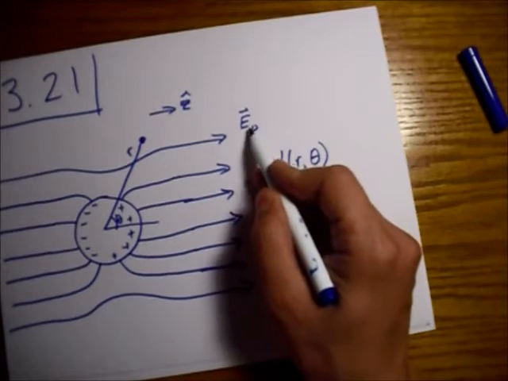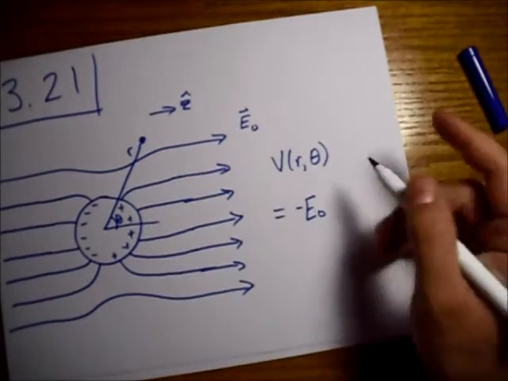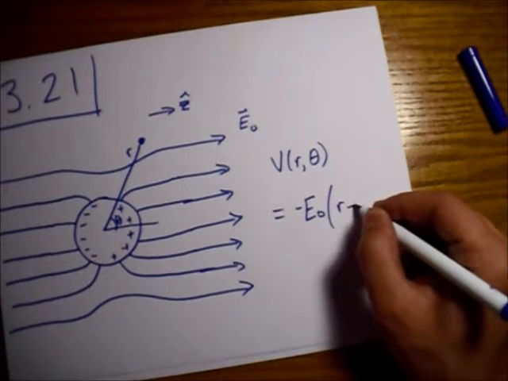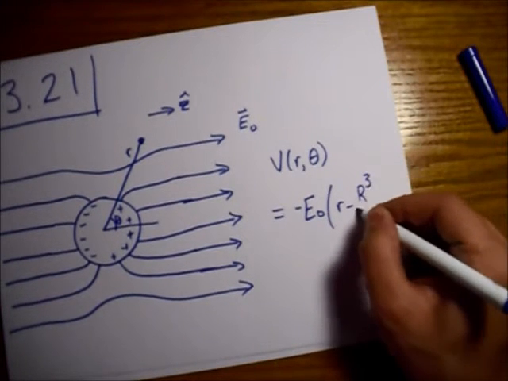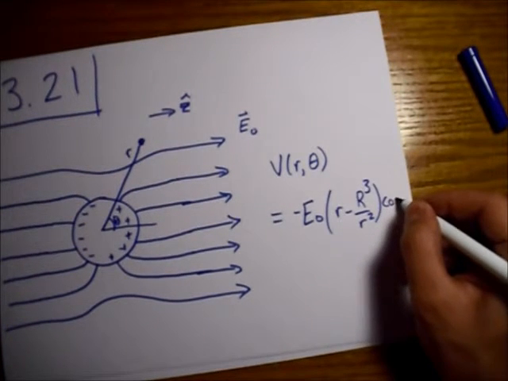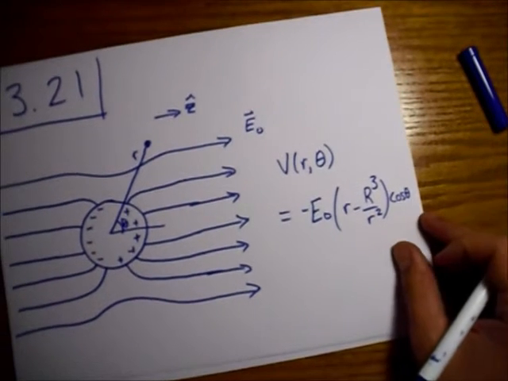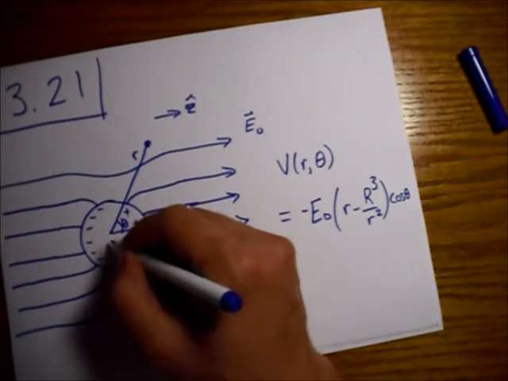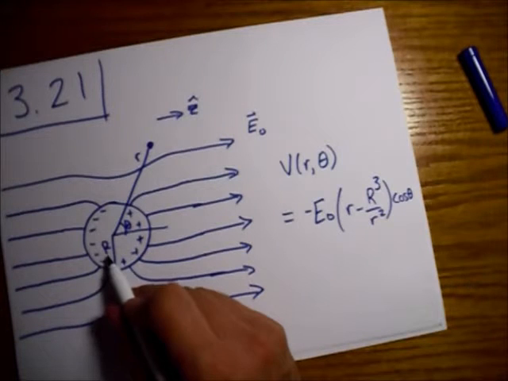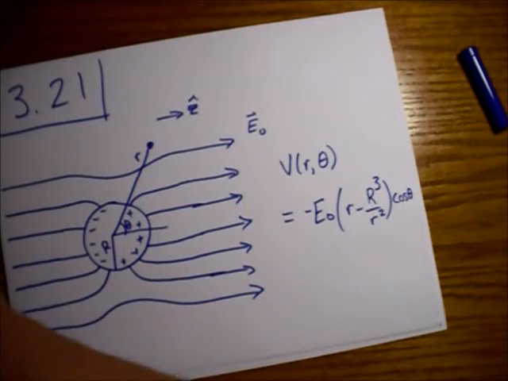That's the strength of the electric field far away from the sphere. We have r minus big R cubed over little r squared, multiplied by cosine of theta. Big R, by the way, of course, is the radius of this sphere.